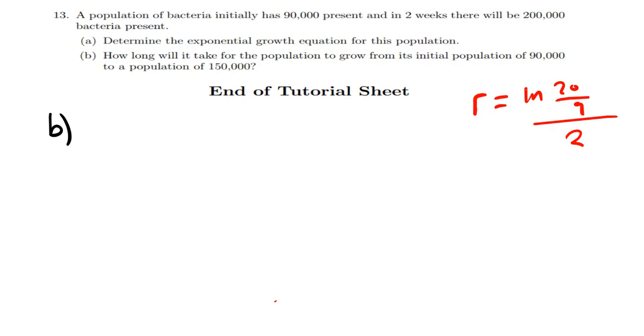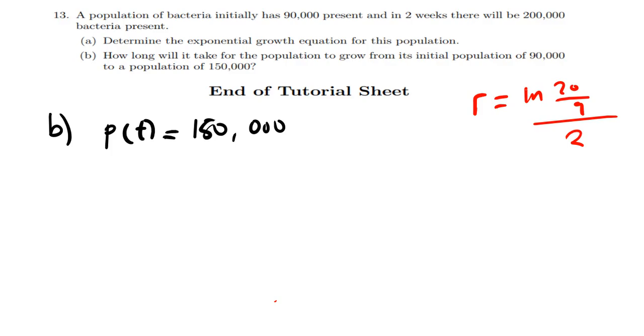So for us to find how long it will take for the population to grow from that point to that point, we just have to get our P(t) to be equal to 150,000, because that's how much it has increased. And we have to now solve for the time, because we're trying to find how long.